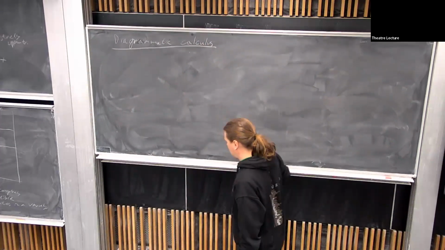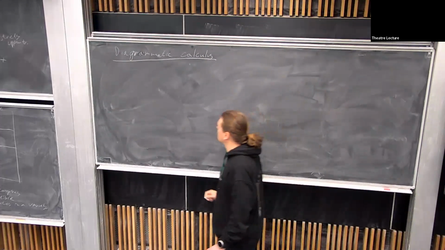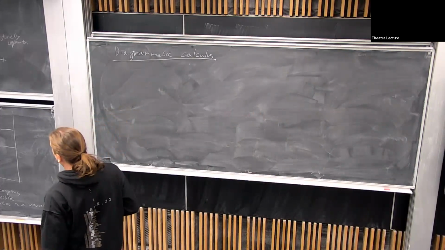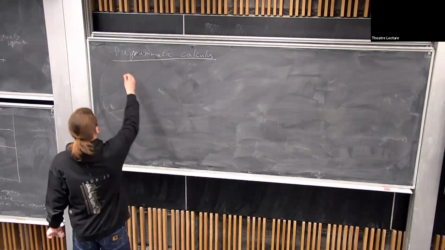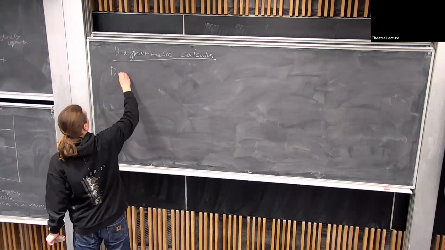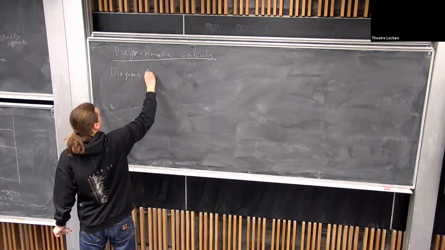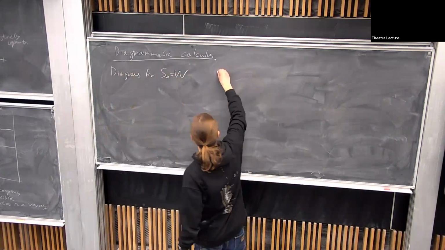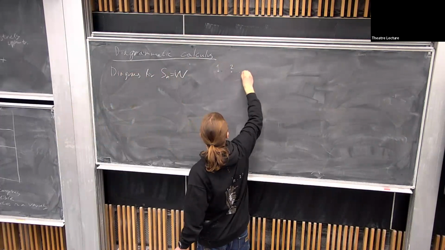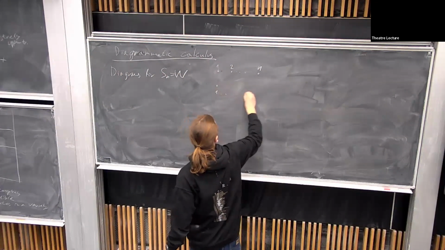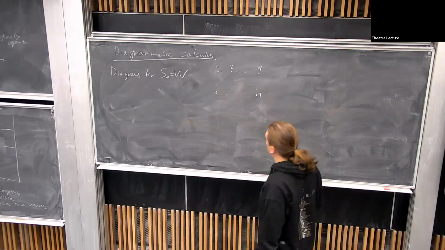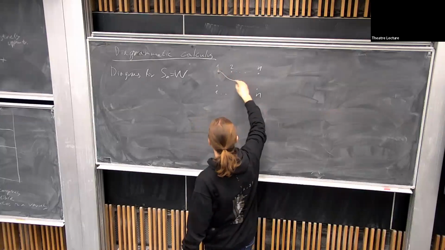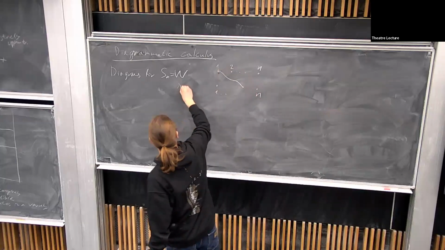I think this was mentioned in David's talk. Let's first start with diagrams for S_n, for W. That's very easy. You have n dots on top and n dots on the bottom, and any permutation will be encoded by connecting the point on top to the corresponding point.